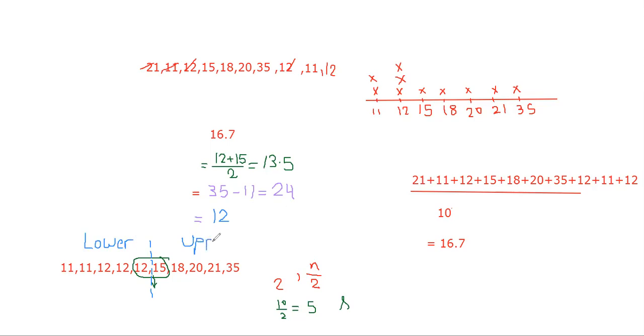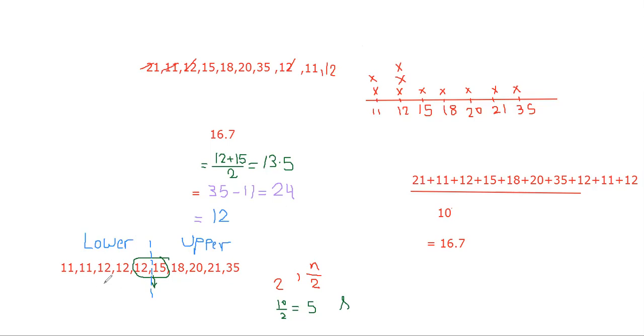So I want to calculate now the first and the third quartile. Then count with me, please. 1, 2, 3, 4, 5. So 5 is an odd or even number? 5 is odd.